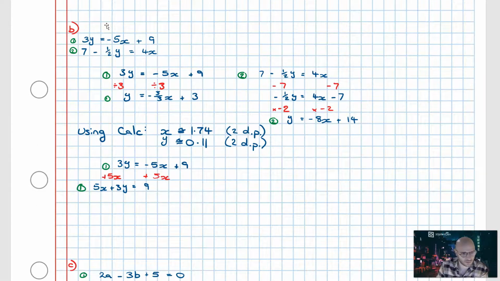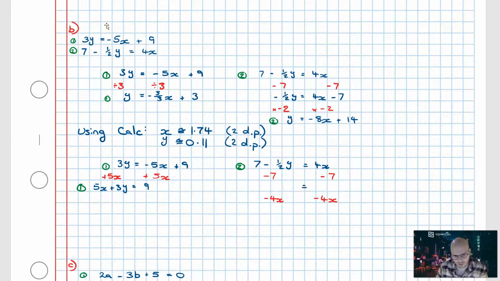That's equation 1. For equation 2, we're going to have 7 minus a half y equals 4x. We need to move the 7 to the right hand side by taking 7 from both sides. And then we're going to take the 4x from both sides.